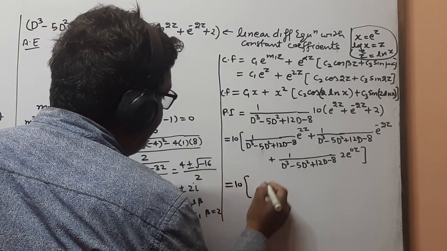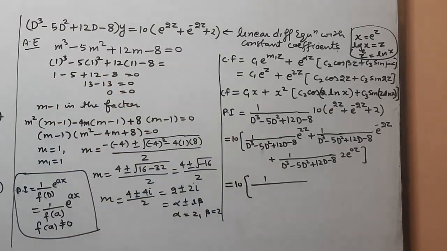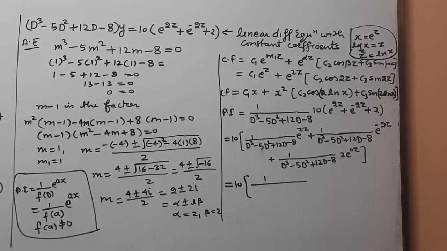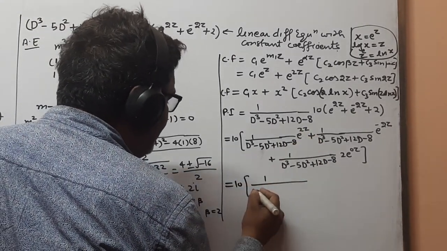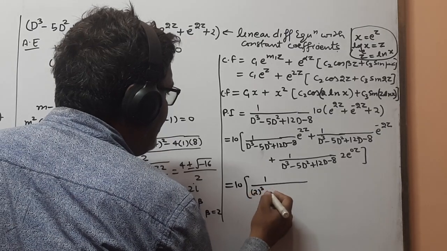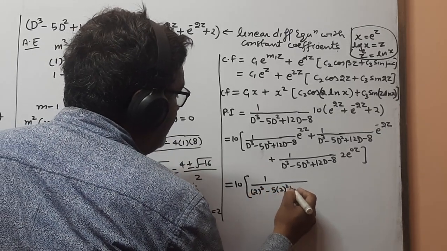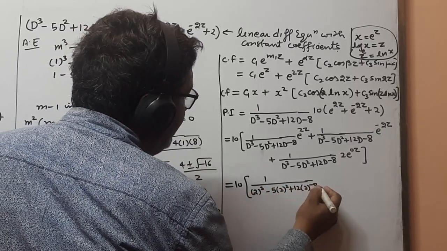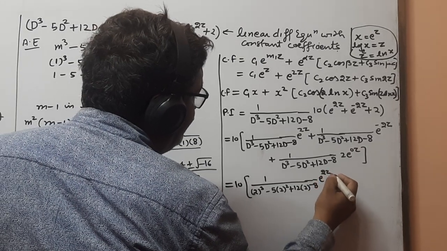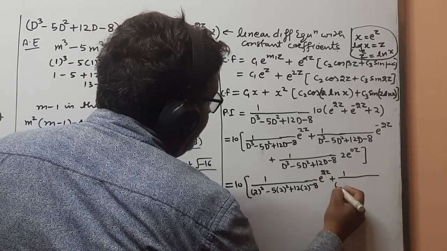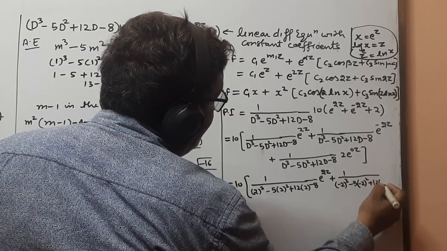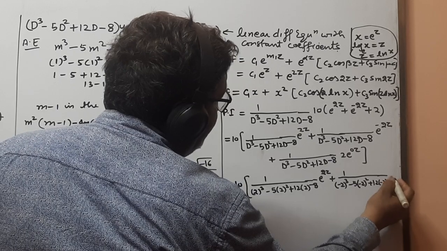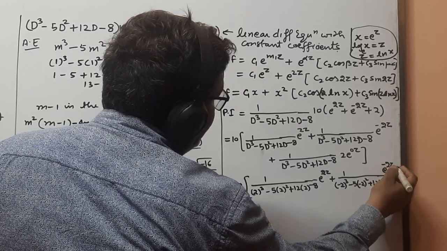So you can see here, when we put 2 in place of D, we get the particular integral of e to the power 2z: 1 upon 2 cubed minus 5 times 2 squared plus 12 multiplied by 2 minus 8, times e to the power 2z, plus 1 upon minus 2 cubed minus 5 times minus 2 squared plus 12 times minus 2 minus 8, times e to the power minus 2z.